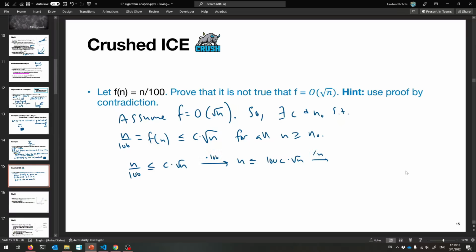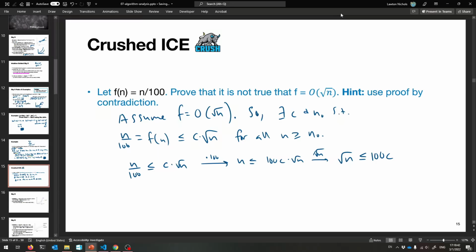That gives me, let's see here, divide by square root of n, sorry. I'm going to get rid of the square root of n on this side. Well, n to the 1 over n to the 1/2, you subtract them, right? So you have square root of n again, n to the 1/2, less than or equal to 100c. Okay? And interesting.